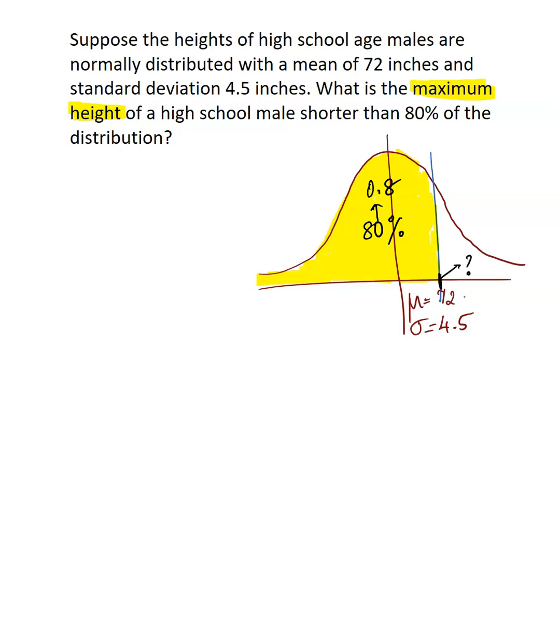For this, if we were to do this manually, you can still do it, but it's going to be correspondingly a little challenging because you have to now go from the z-scale conversion and all that. So we'll go ahead and do this using the calculator. Okay, so for this we use the inverse normal key.